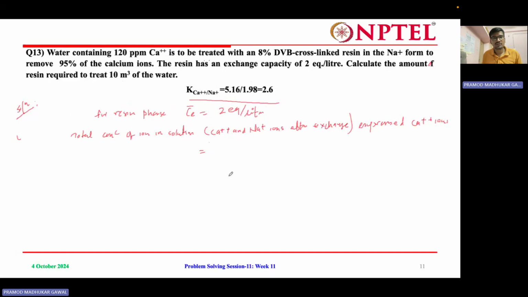So 1000 ppm is equal to 1 gram per liter, right? So converting into grams per liter, it's 0.12 gram per liter, right?